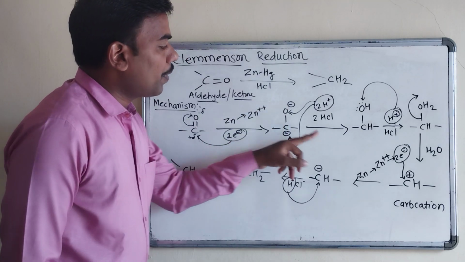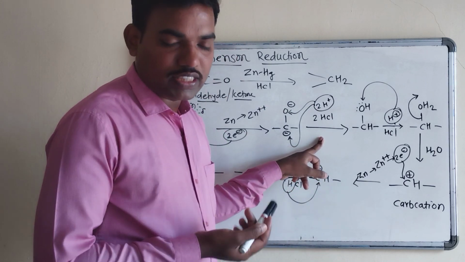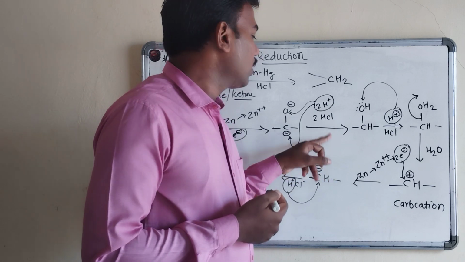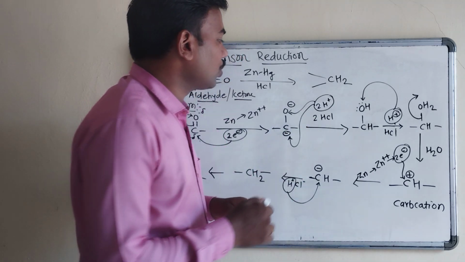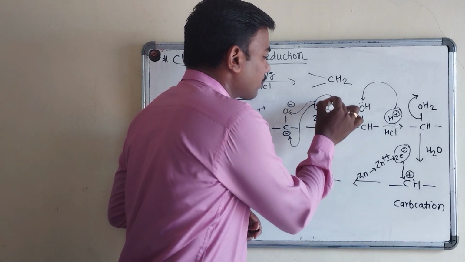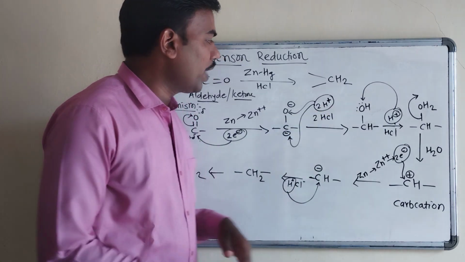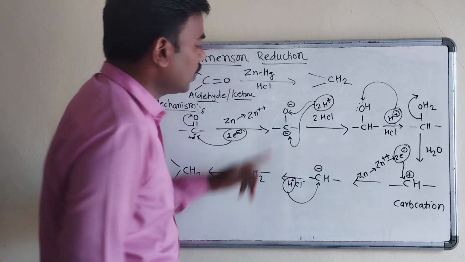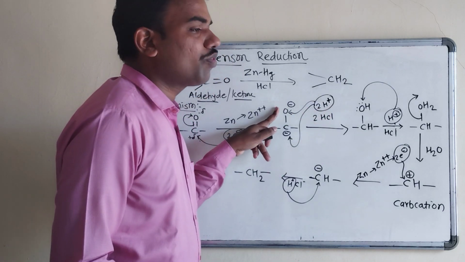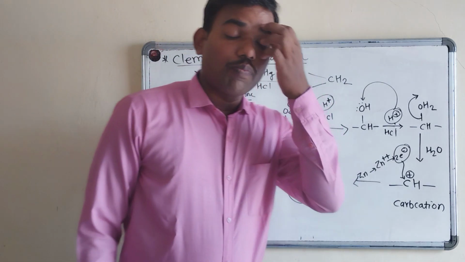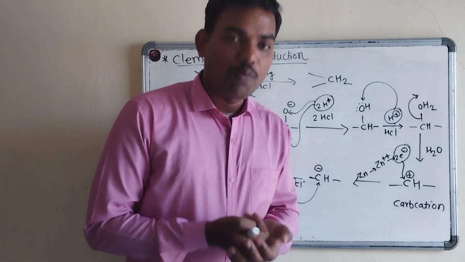So what will happen further? We know HCl or concentrated HCl is required as a medium. So from 2 moles of HCl, that is 2 H plus, 1 H plus goes towards this oxygen, because this is electrophile, this is nucleophile, and all of you know positive charge attracts towards negative charge and negative charge attracts towards positive charge.